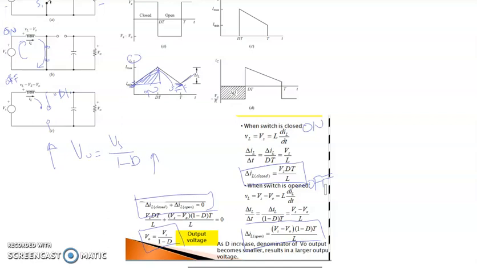With D of 0.9, 1 minus 0.9 becomes 0.1. Okay, meaning the higher the D, the higher the output. As D increases, the denominator of V out becomes smaller, so Vs becomes higher. So it results in a larger output voltage.